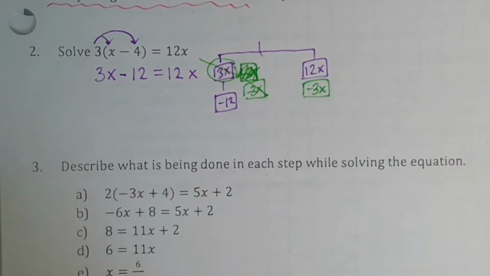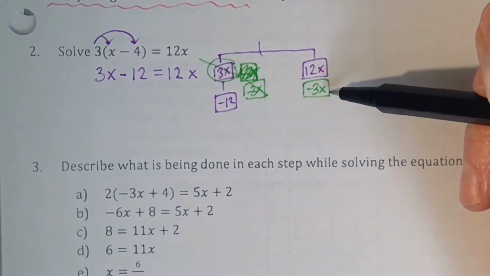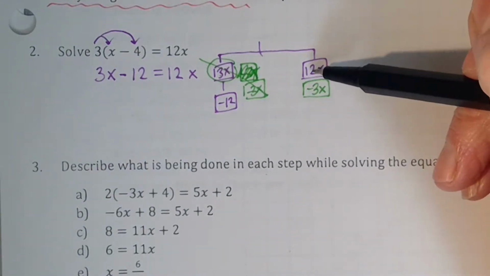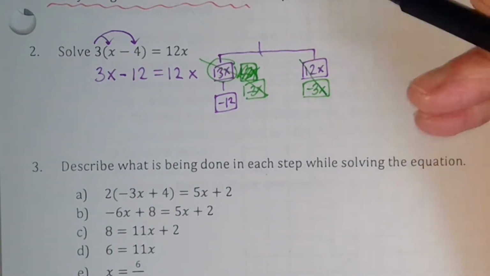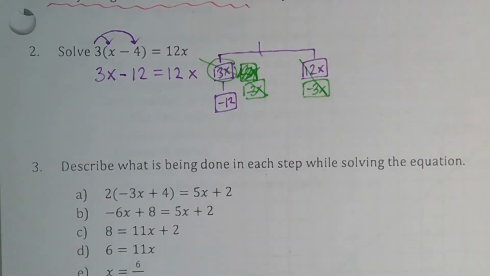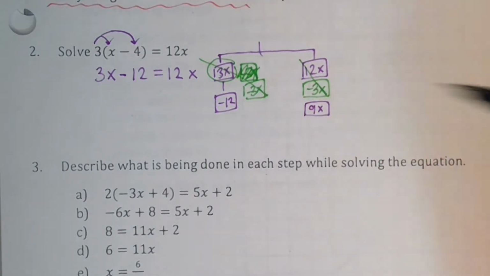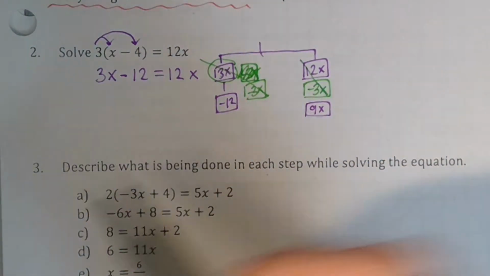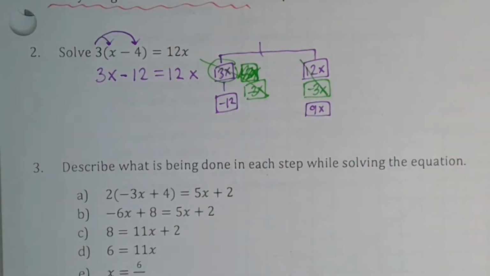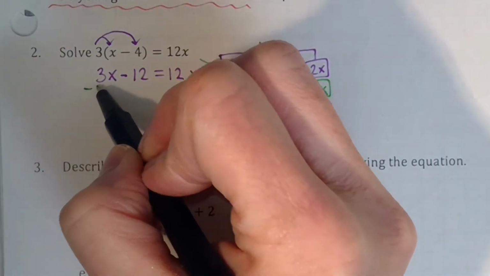And then on the right-hand side, I'm going to have 3 negative x's. Now here's the thing, if I have 12 positives and 3 negatives, I'm actually left with 9 x's, right? 12 positives, 3 negatives.